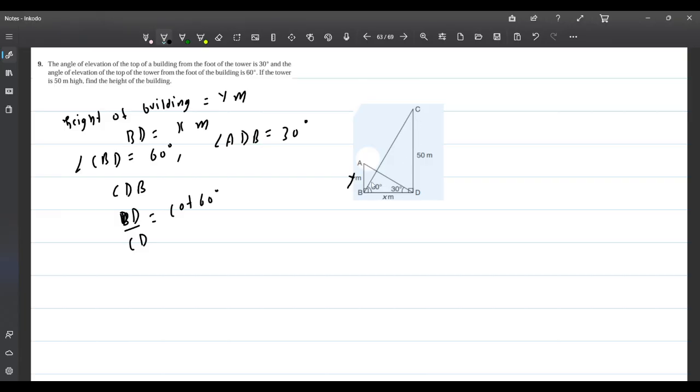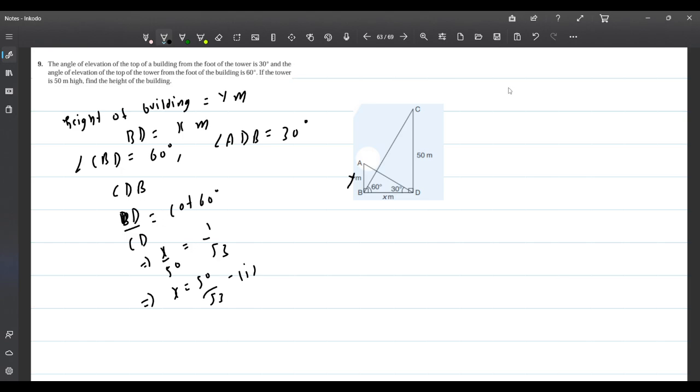So this is equal to tan 60 and this is equal to BD base upon perpendicular. So this is equal to tan 60 and what is the value of tan 60? Root 3. So this is equal to x upon 50 and this is equal to root 3. So x is equal to 50 upon root 3.